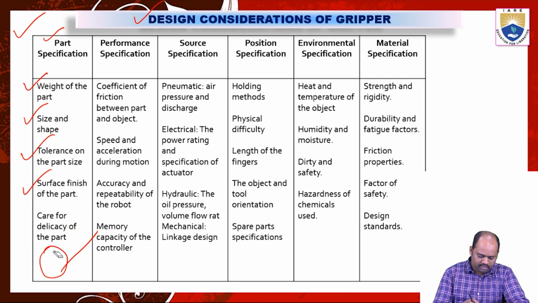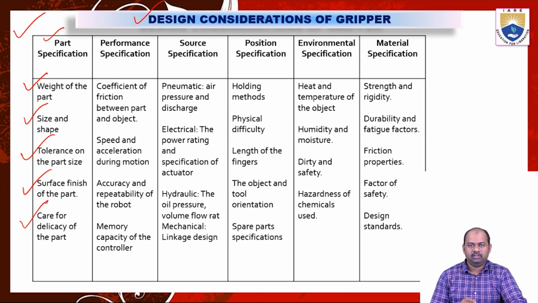And then the last one is care for the delicacy of the part. Suppose I want to use the gripper for holding a glass item or a material which is very fragile. That also should be considered while designing the gripper so that the gripper does not break the object.